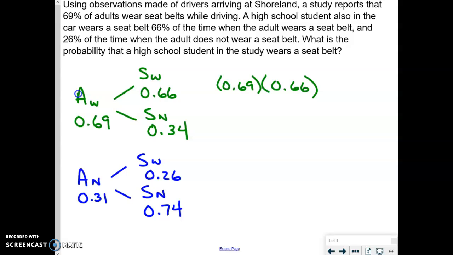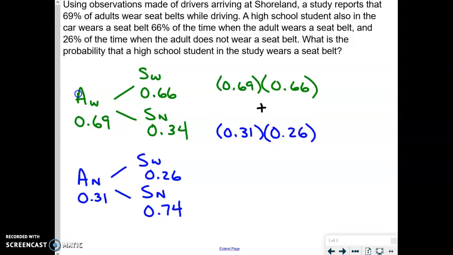So that's one scenario. Or, going back to 8.4, we add together the other scenario as well. Adult not wearing and student wearing, we'd also have to multiply those together. So that would be 0.31 times 0.26.